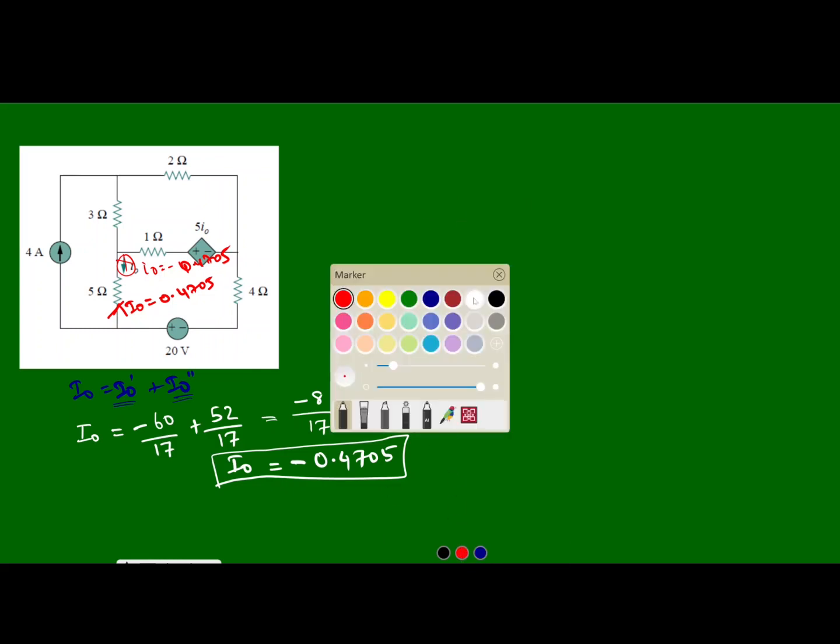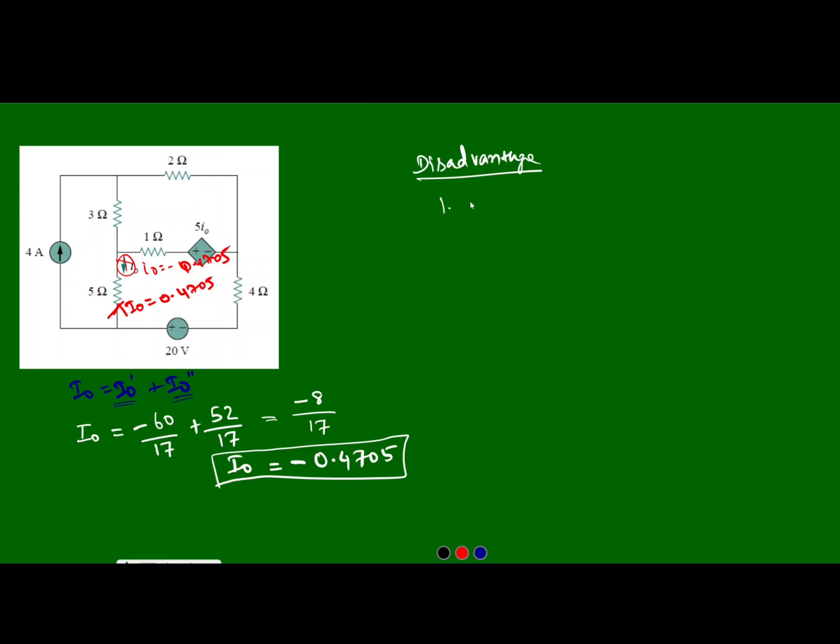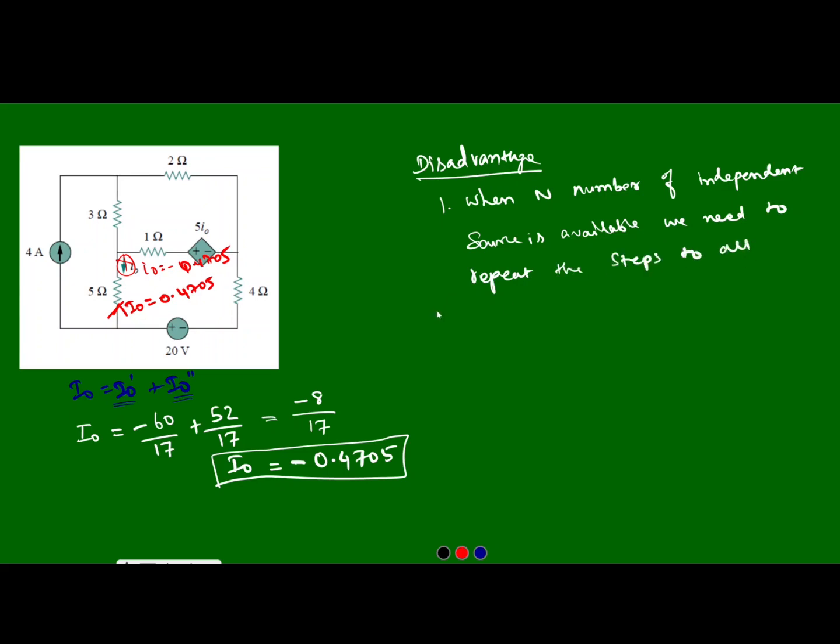The disadvantage is when n number of independent sources are available, we need to repeat the steps for all independent sources.